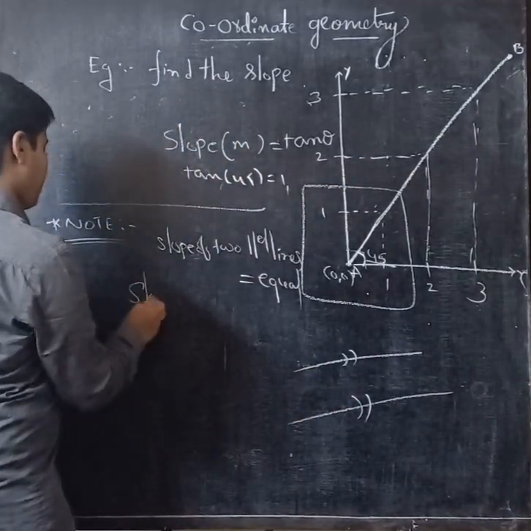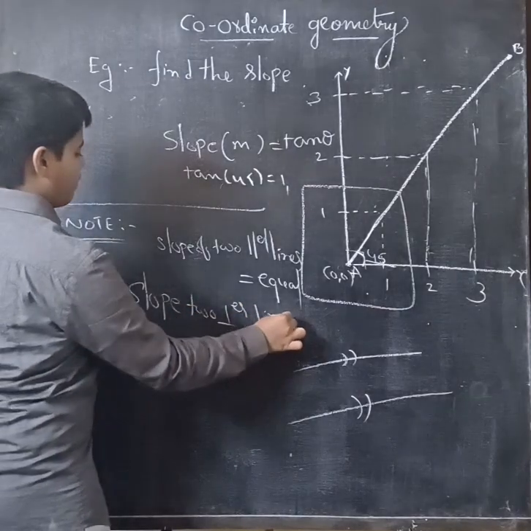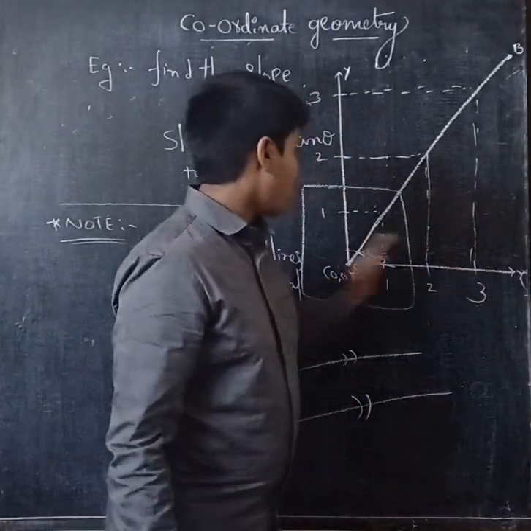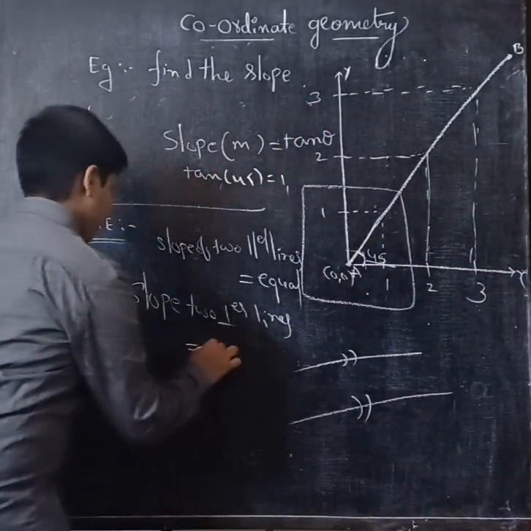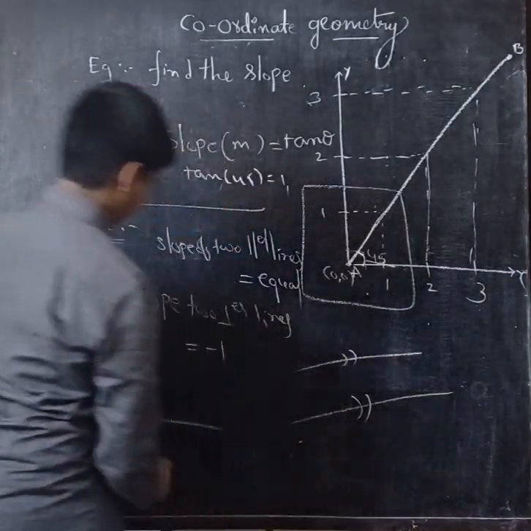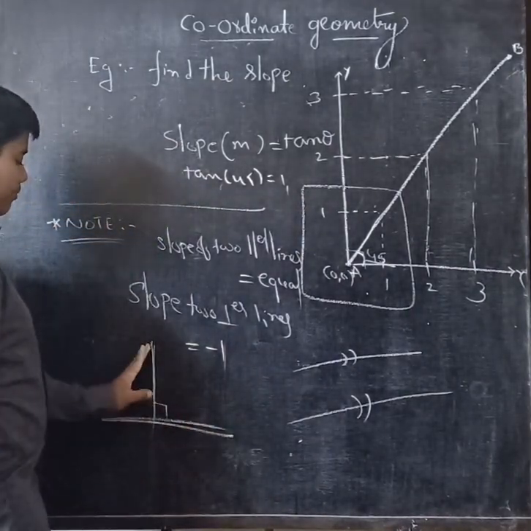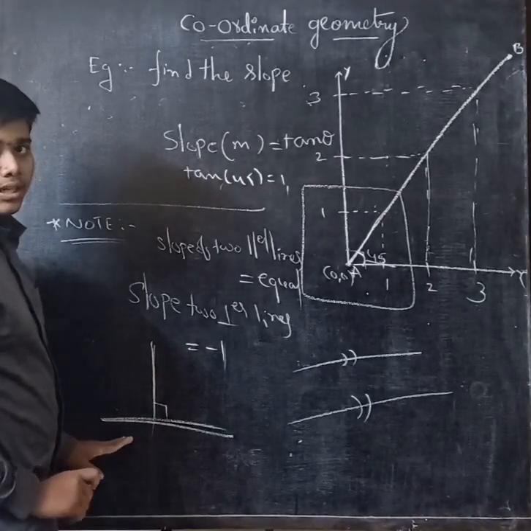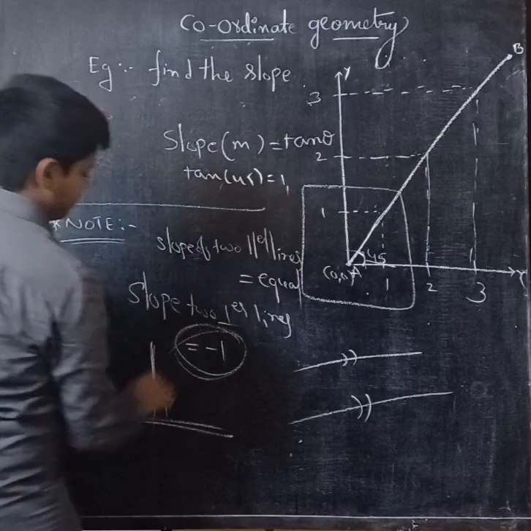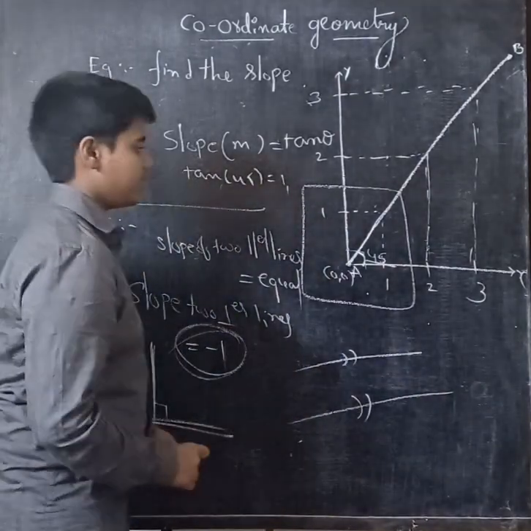And for two perpendicular lines, if these two lines are not parallel to the coordinate axes, the product of their slopes is minus 1. So this is the note point, and this is today's topic.